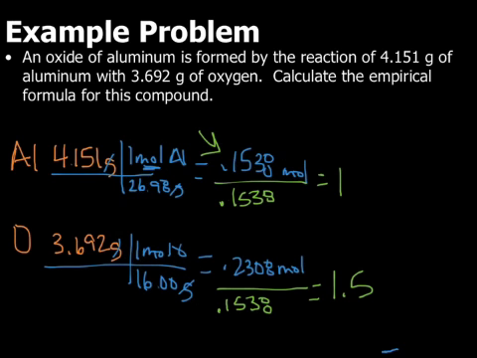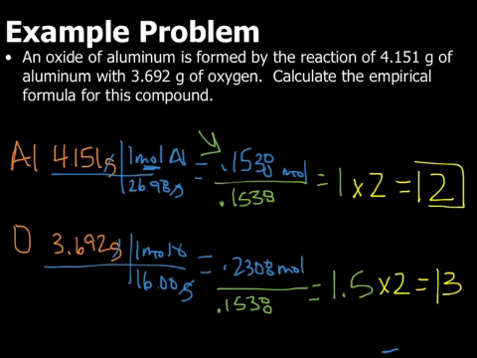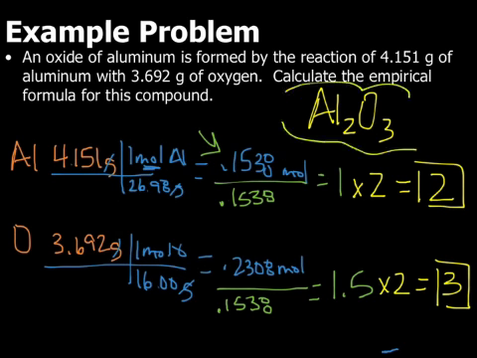So 1.5, we know if we multiply that by 2, will give us 3, but whatever we do to one, we have to do to the other, so that means I also have to multiply this one by 2. So then we end up with our nice whole numbers. So aluminum's subscript is 2, so I end up with Al2, oxygen O3. And then that's my empirical formula.